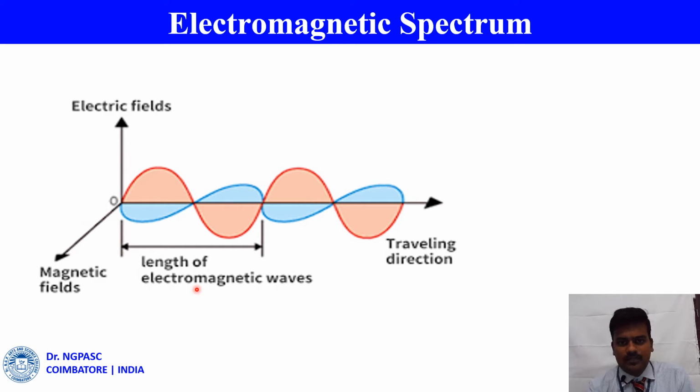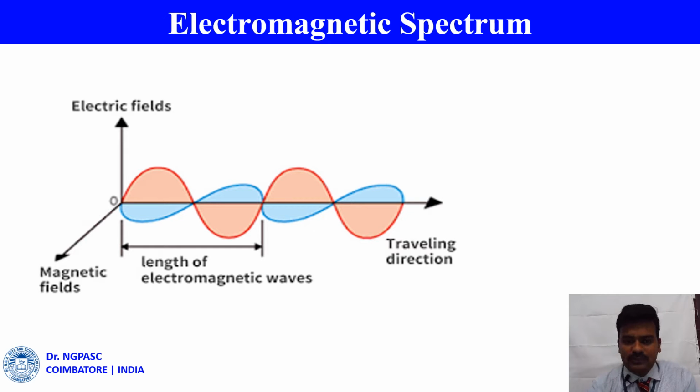The wavelength is an important factor because when the wavelength is minimum, the wave behaves somewhat differently, and when the wavelength increases, the properties of the electromagnetic spectrum differ.